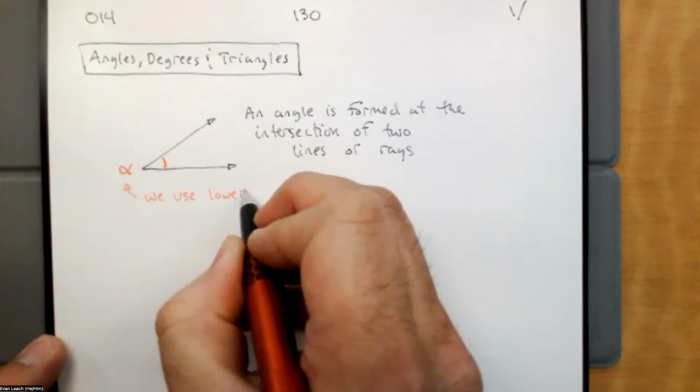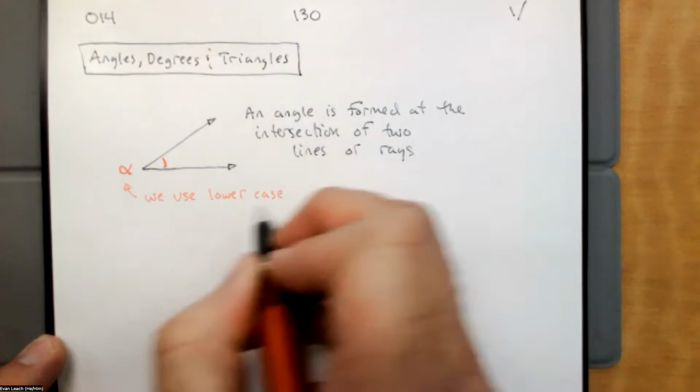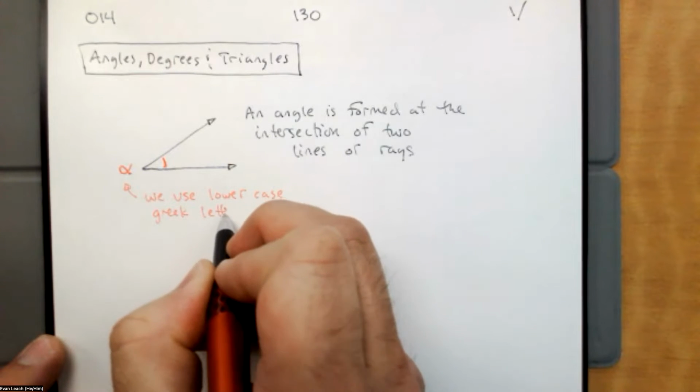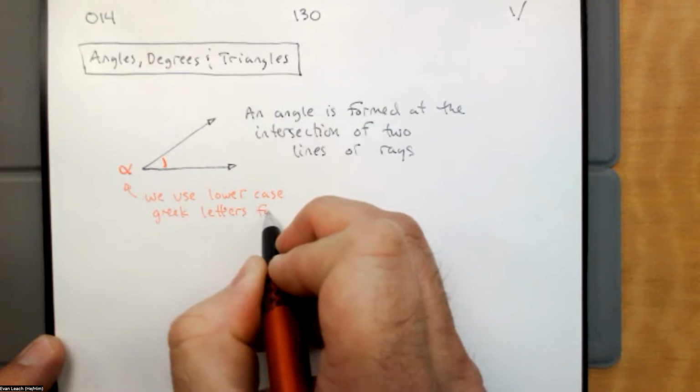So we're going to use lowercase Greek letters for angle names.